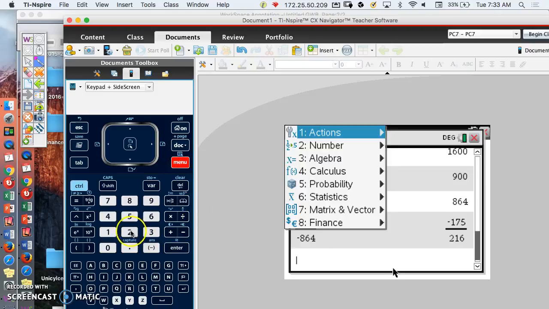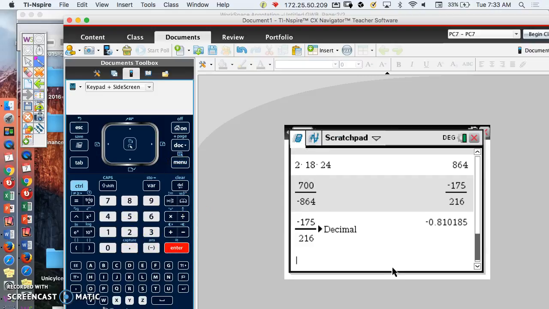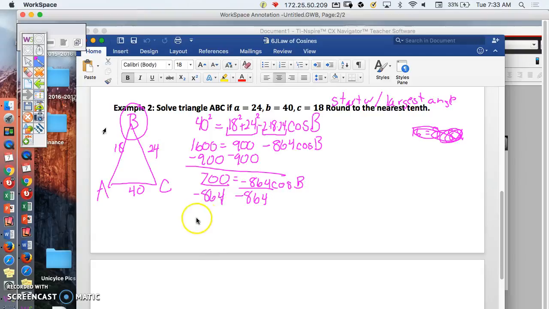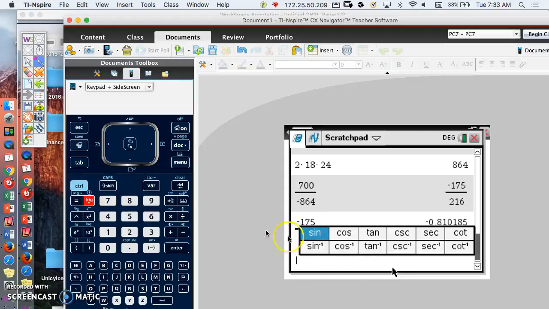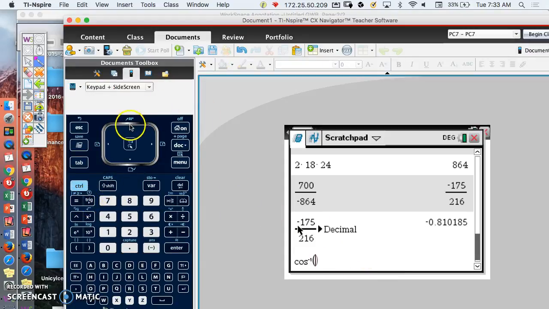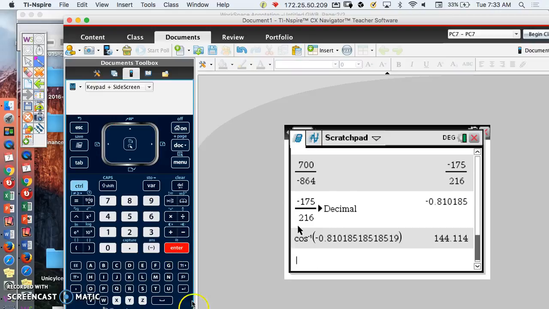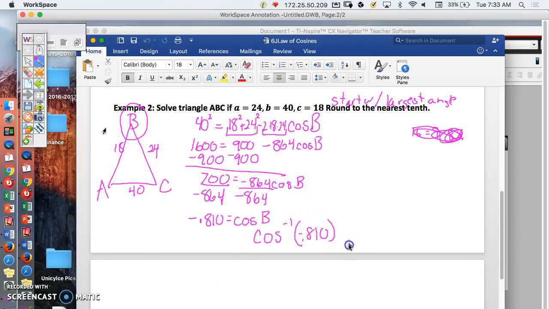Negative 0.810. And again, we have to do that inverse because we're finding our angle. So inverse cosine, 144.1 degrees.